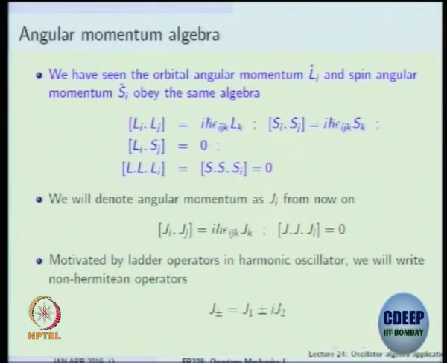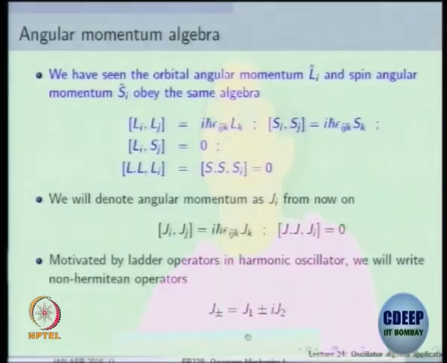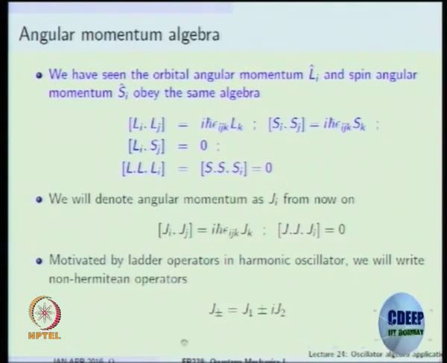Okay. So motivated by the harmonic oscillator ladder operators, let's write J plus as J1 plus iJ2. I am using 1, 2 and 3 as x, y and z. And J minus as J1 minus iJ2. These angular momentum operators J plus and J minus look similar to the way we wrote non-Hermitian operators in the oscillator algebra.